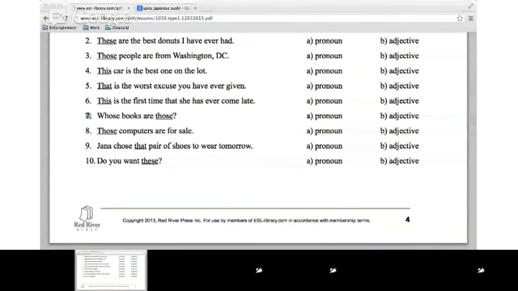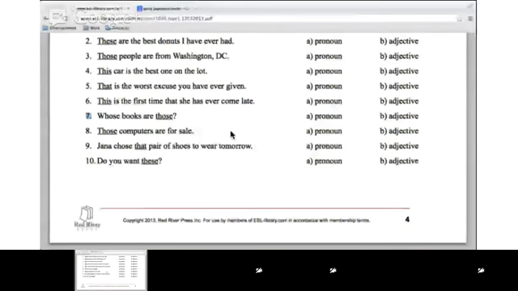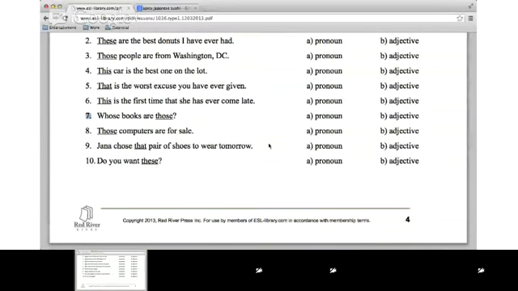Whose books are those? I think it's adjective. Okay, whose books are those? Here this is actually a pronoun. It's following a form of the verb to be, and there is no noun after those.